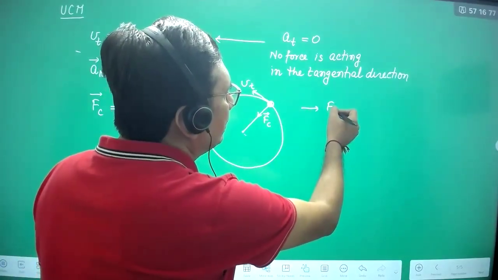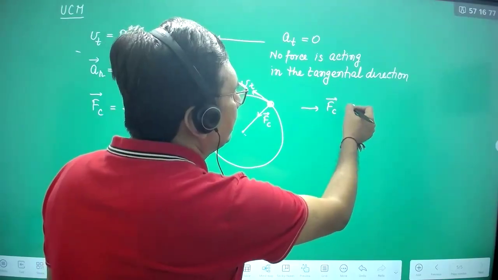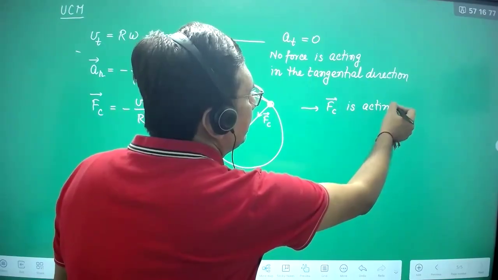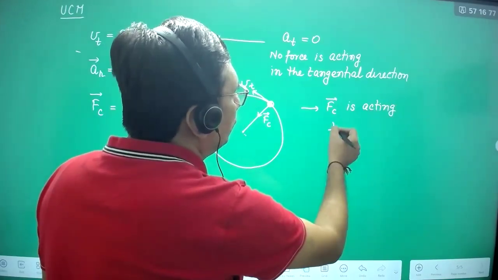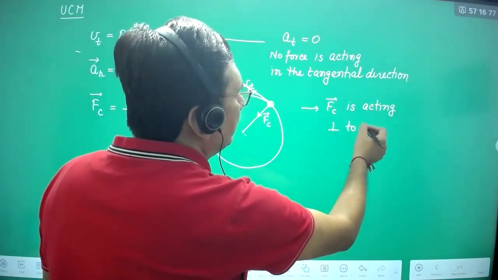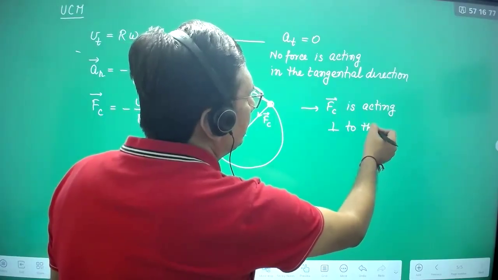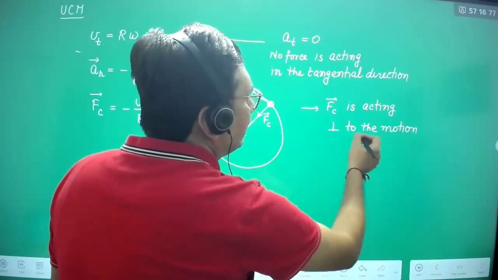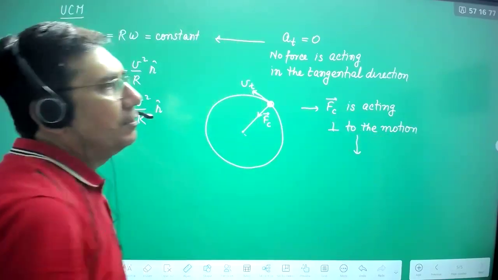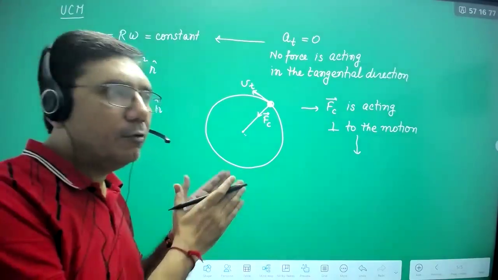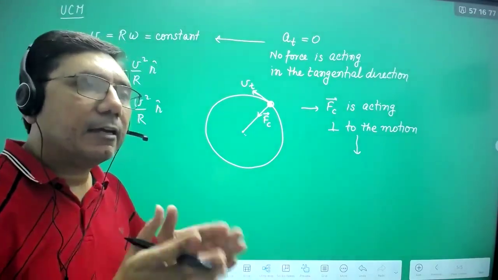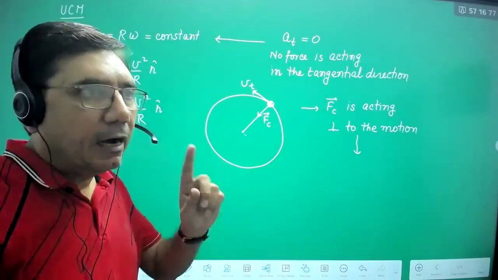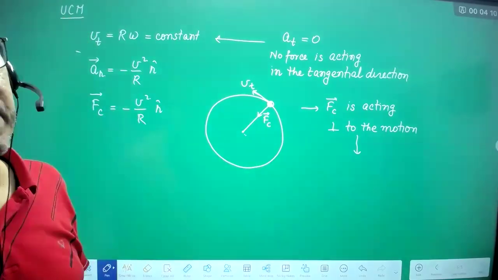So the force Fc is acting perpendicular to the motion. Remember this: if force is acting perpendicular to the motion, it cannot change the magnitude of the velocity. However, it can change the direction.